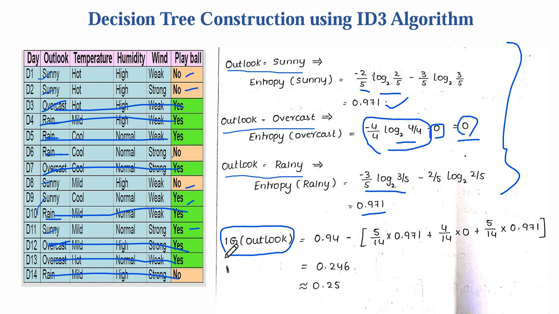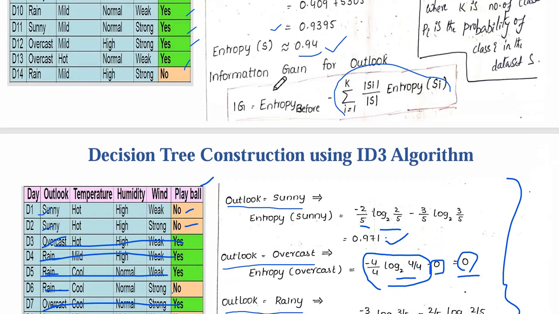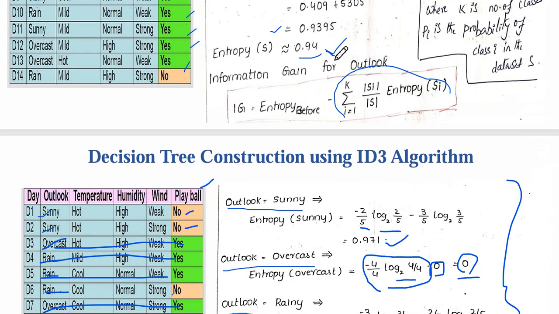Now by using these entropy values, we have to find the information gain of outlook. From the information gain formula, first we have to take the entropy of the entire data set. What is the entropy of the entire data set? It is 0.94.